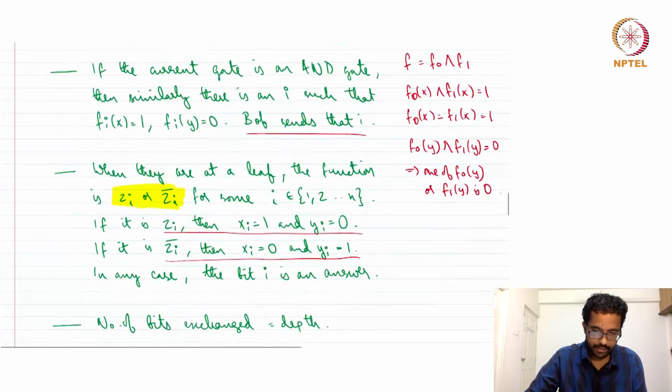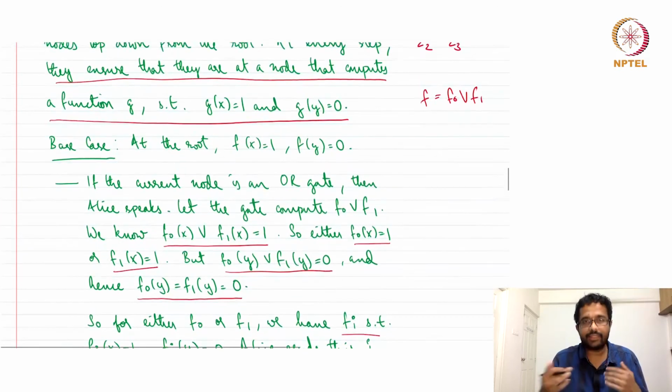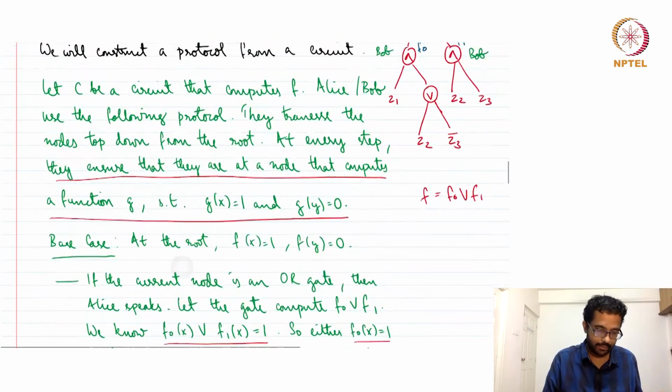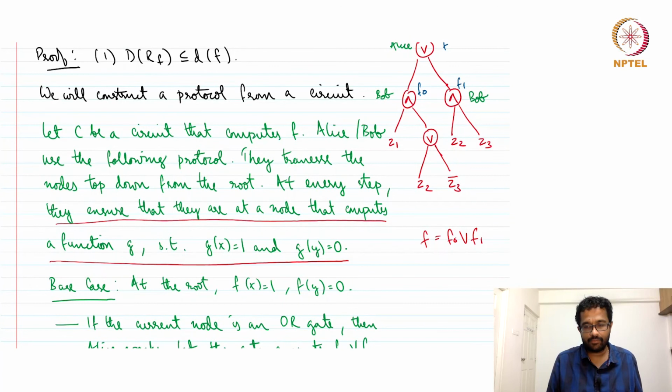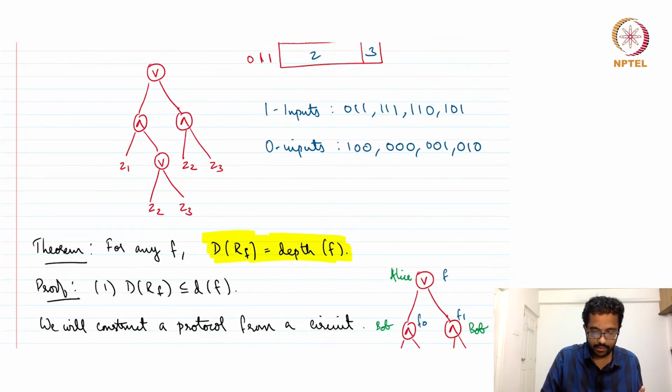So in fact the reduction is very symmetric. Whatever we did in the first part, we are doing the opposite in the second part, but it works. So what we have is that the deterministic communication complexity of the Karchmer-Wigderson relation Rf is equal to the depth of the function, which means that the best protocol's complexity is equal to the depth of the best circuit that computes the function.